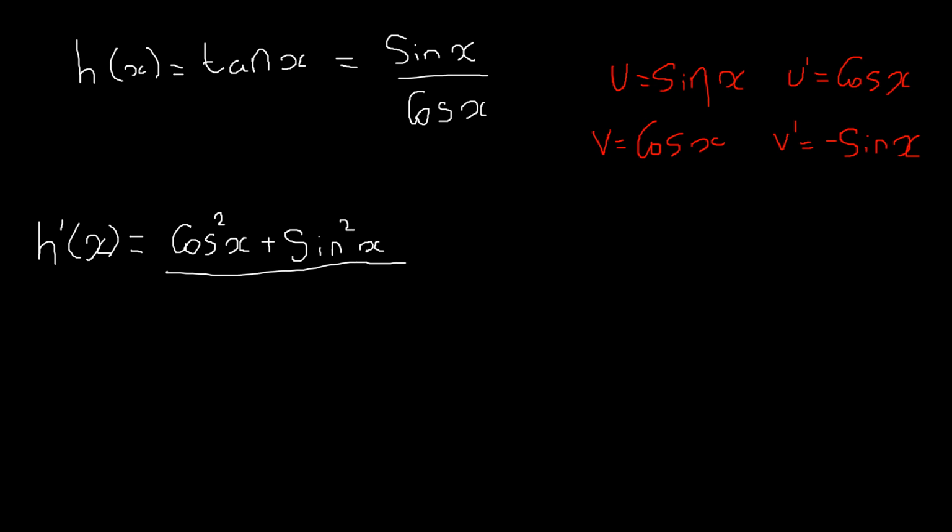All divided by v, which is cosine x, so cosine squared x. From this, the top simplifies to just 1, and we will have cosine squared x in the denominator. 1 over cosine x is secant x, so 1 over cosine squared x is just secant squared x.